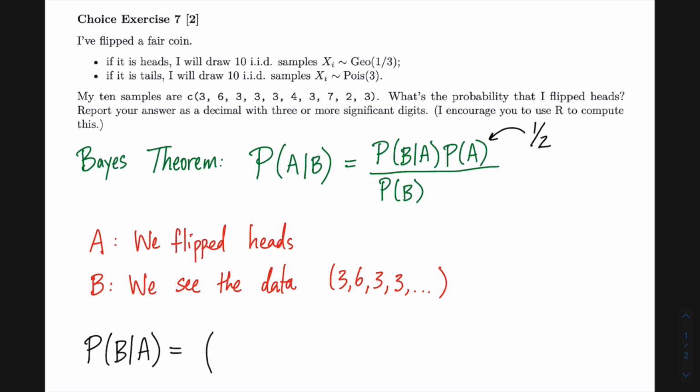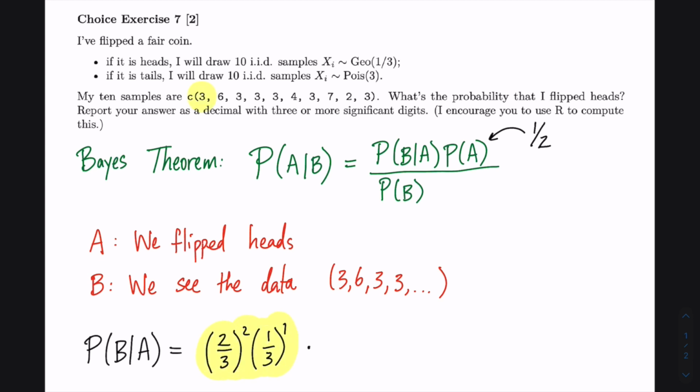So this is going to be 2/3 to the power of 2 times 1/3 to the power of 1. That's sort of going to correspond to this 3 here.